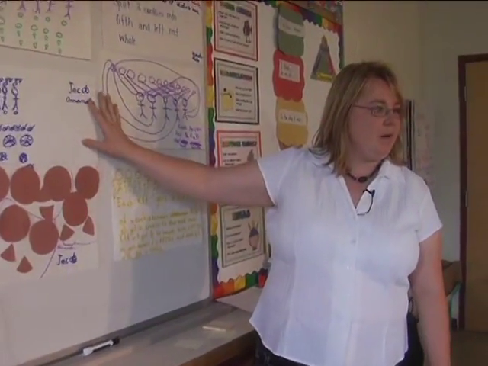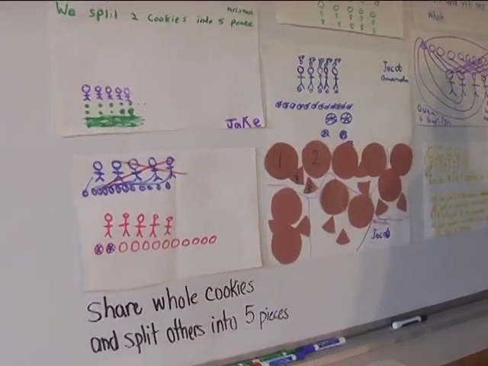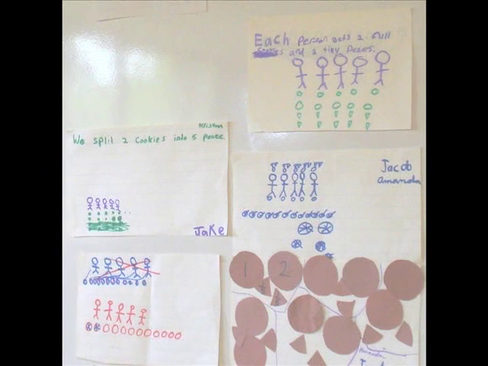What's different about this solution than this solution? Yes? This group didn't share whole cookies and split into 5 pieces. They did 2 cookies and then they did 1/5. But they didn't split it into 5 pieces.